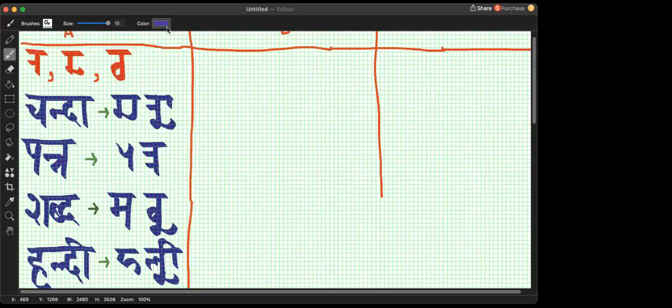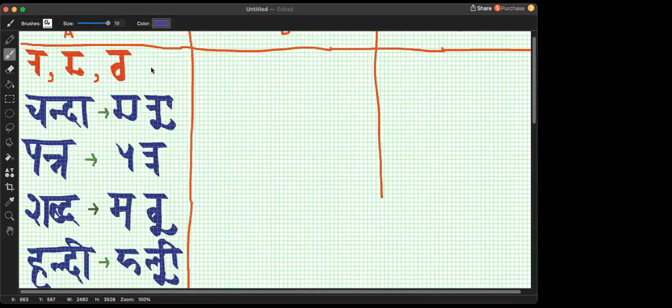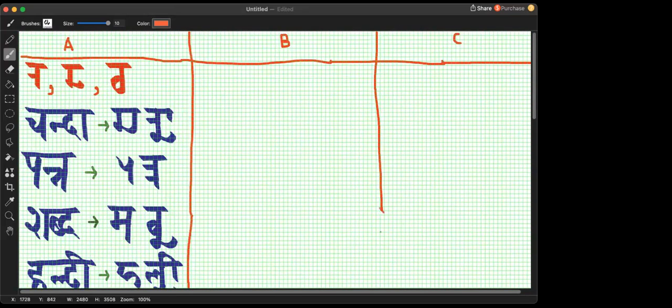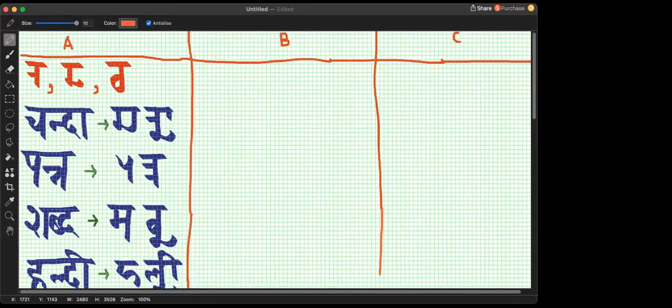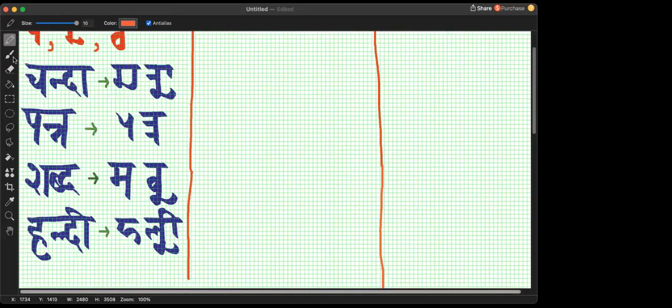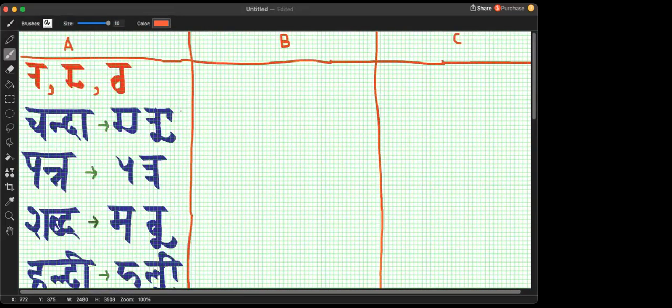Next, we'll go with the second category, that is when the alphabet will touch the Shiroreka two times or more or multiple times. So this is touching only once.